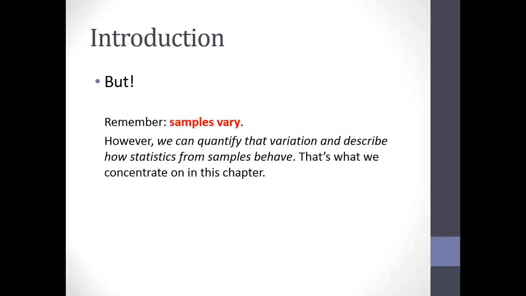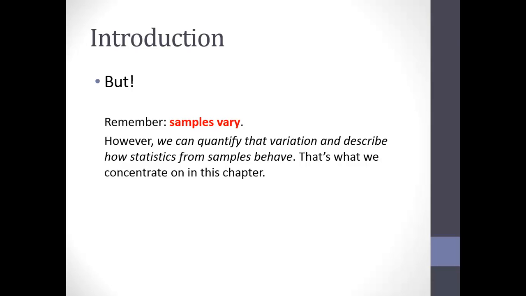So the key idea here was that, again, if I take a simple random sample of Ohio State students and ask them a survey question and then look at the proportion who say one thing or another, and then you take a simple random sample of students from Ohio State, our samples are almost definitely going to be different, right? So you take a simple random sample, I take a simple random sample. We have different people in those samples.